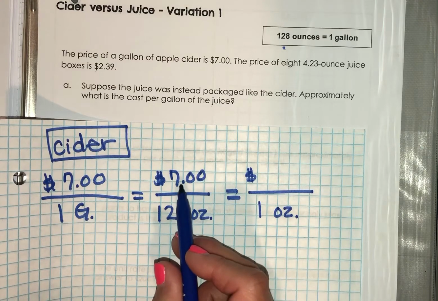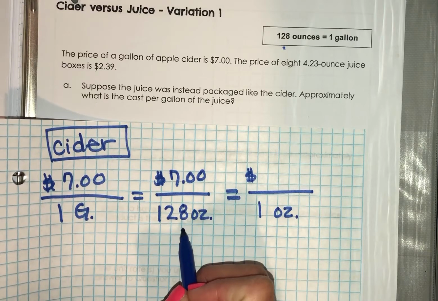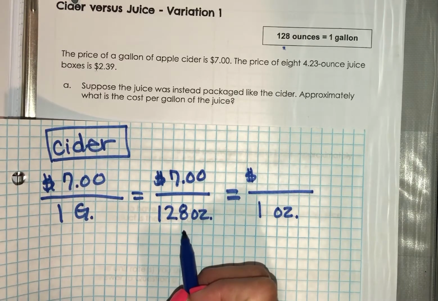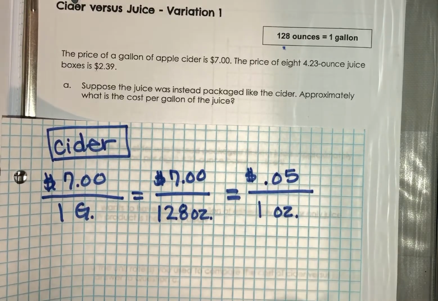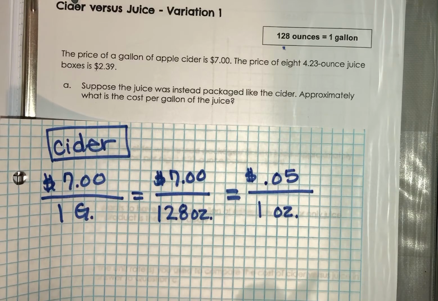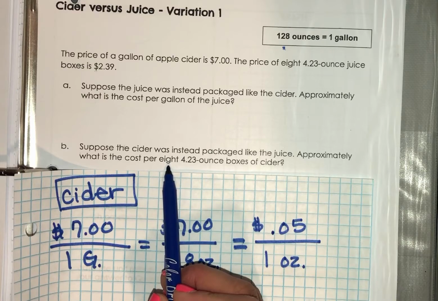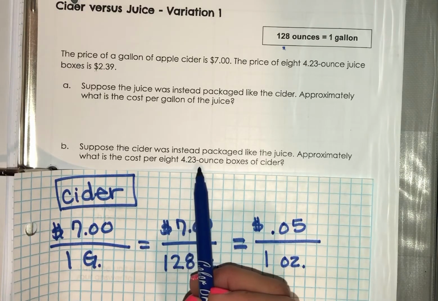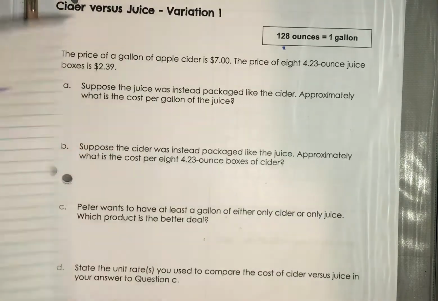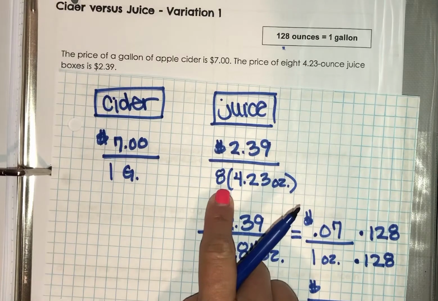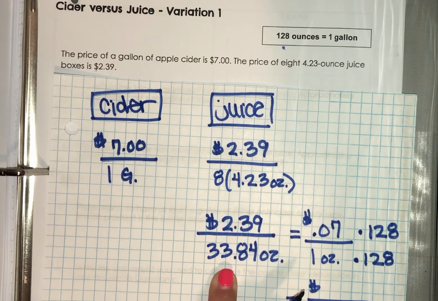And if you guys divide that, we're going to get 5 cents for every 1 ounce. Okay, well, we need to figure out the cost if it was packaged in 8 4.23 ounce boxes. And in the problem that we just did, we saw that 8 of those juice boxes are a total of 33.84 ounces.